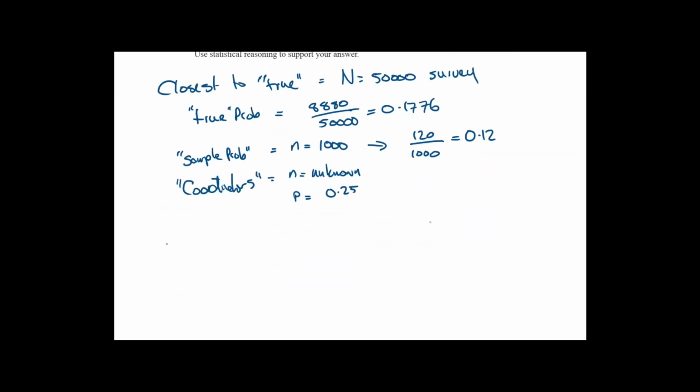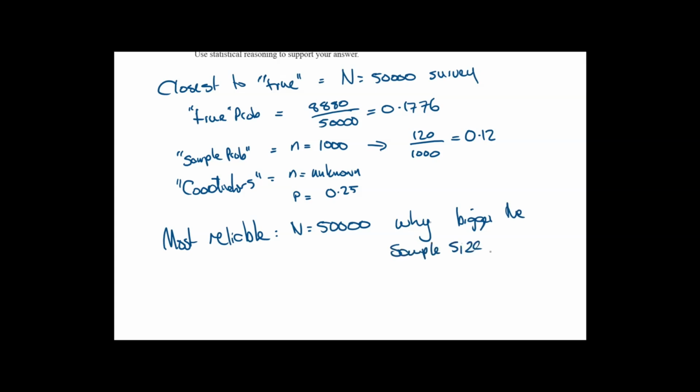Now, the most reliable would be the n equals 50,000. Why? Well, the rule of thumb is that the bigger the sample size, the more accurate, the closer to reality.